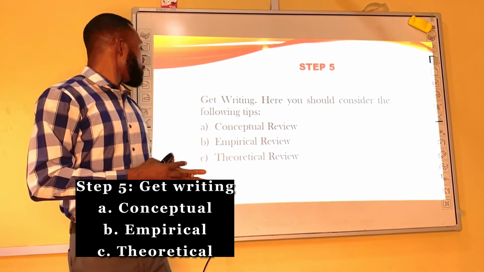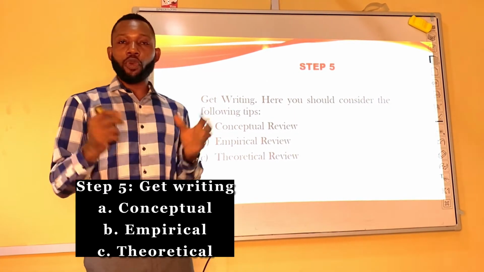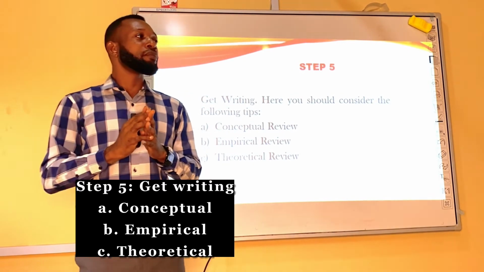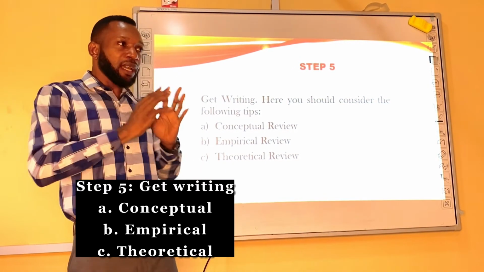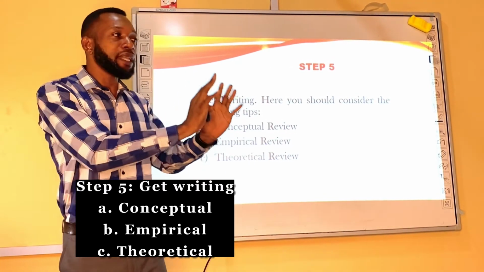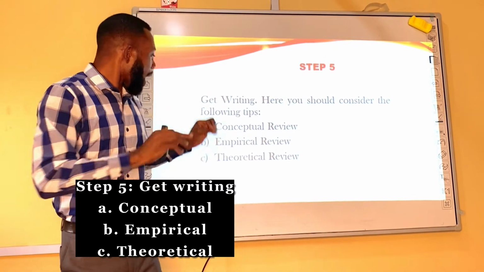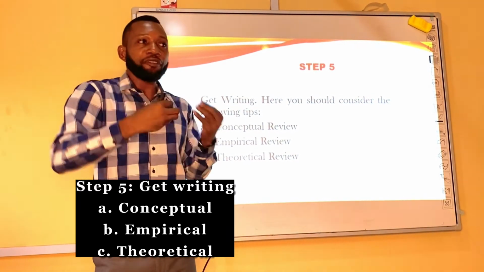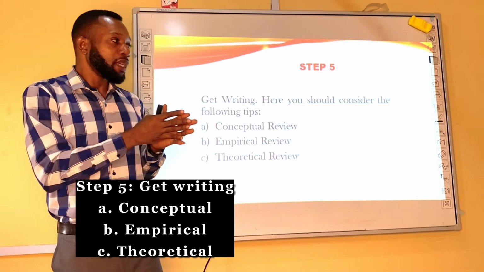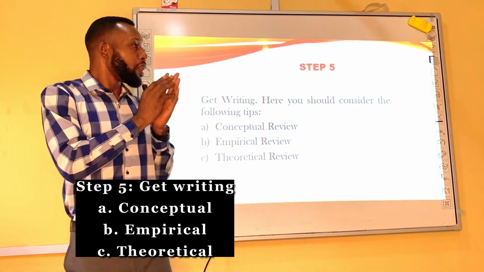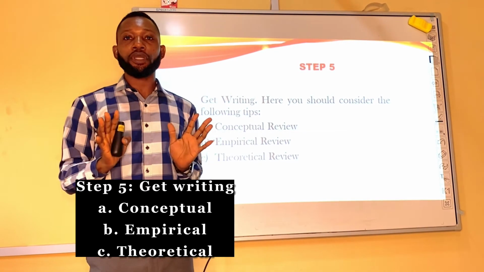After which you look at the empirical review. When we talk of empirical review, these are studies that have been conducted in a particular area. Here you are interested in previous studies that have been done in the very area that you are conducting your study.